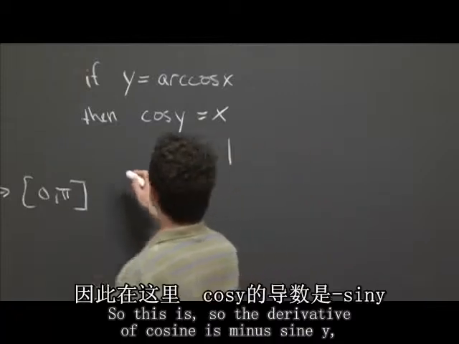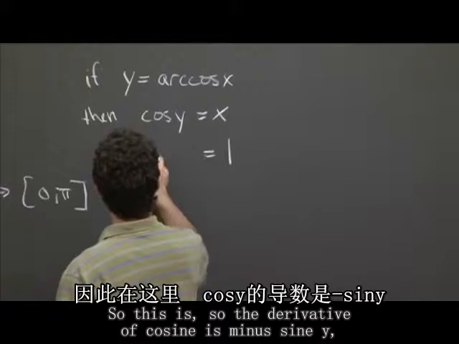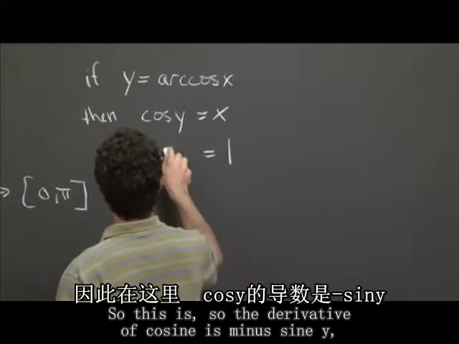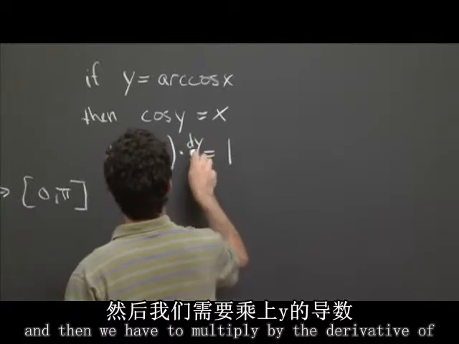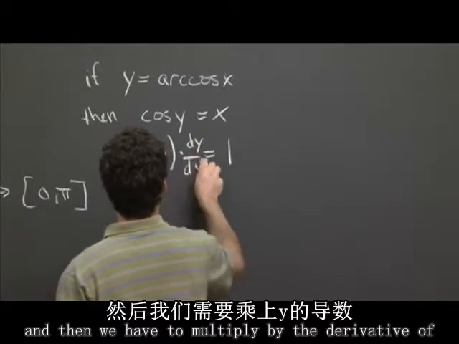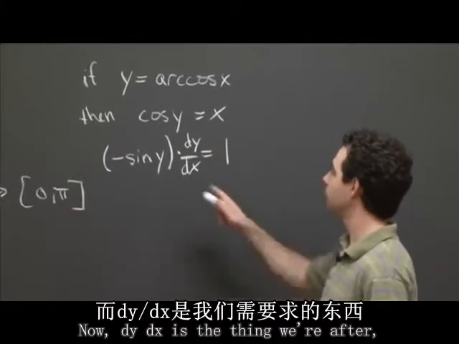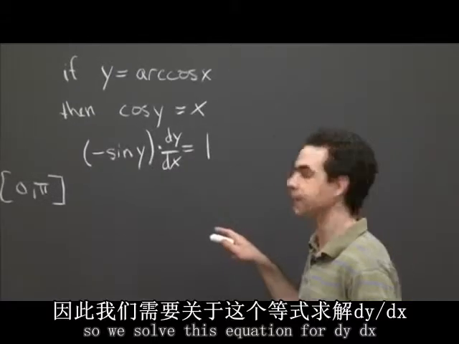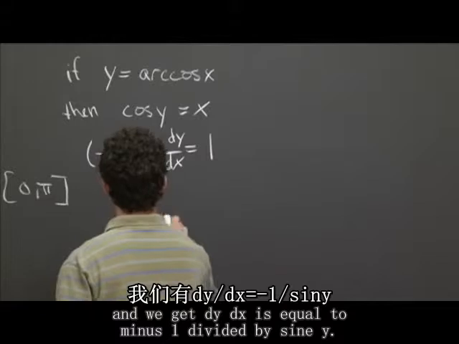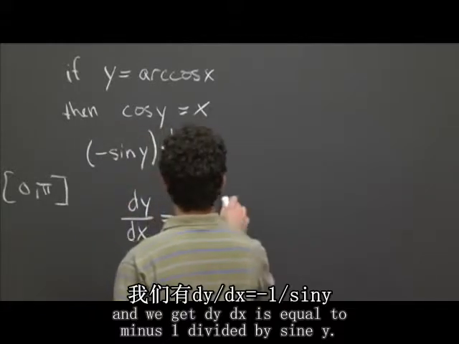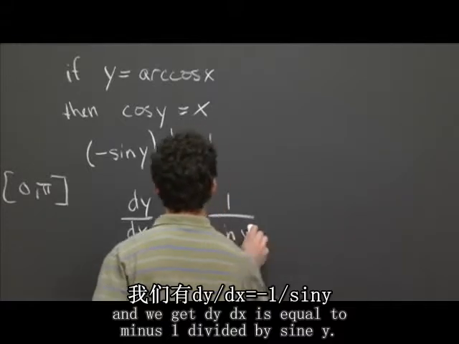So the derivative of cosine is minus sine y, and then we have to multiply by the derivative of y, which is dy dx. Now, dy dx is the thing we're after, so we solve this equation for dy dx, and we get dy dx is equal to minus 1 divided by sine y.